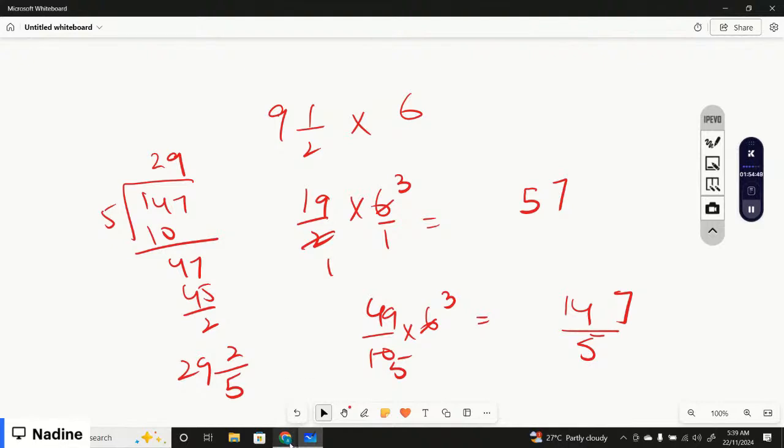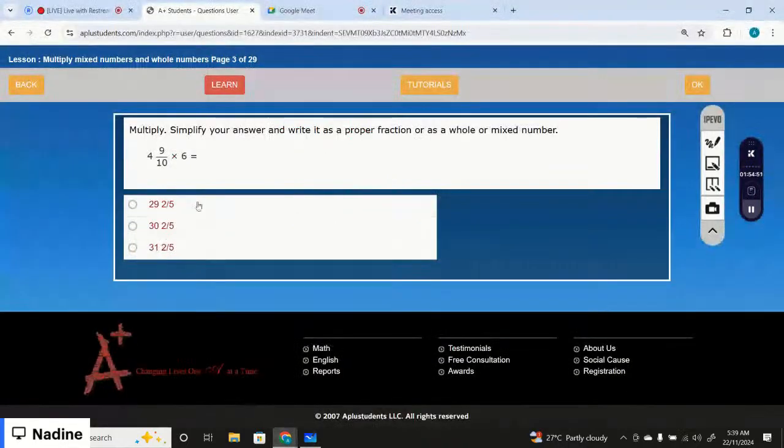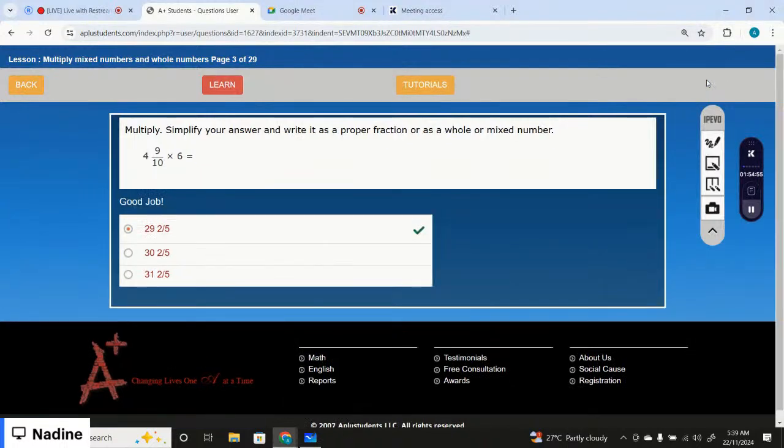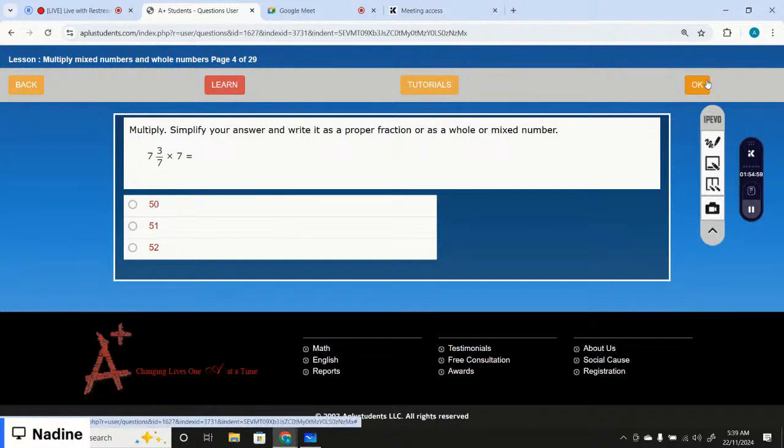The next one is 29 whole 2 by 5 is the correct option. 7 whole 3 by 7 times 7. So which is the correct option?